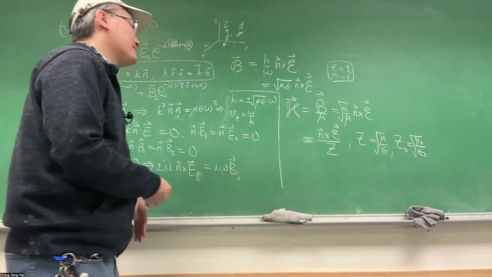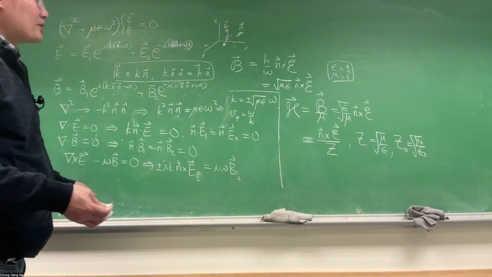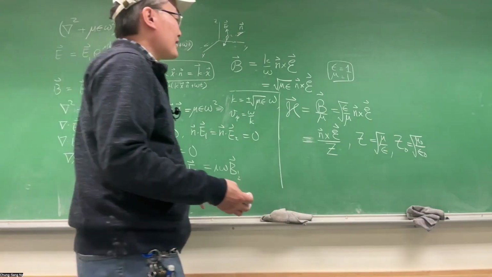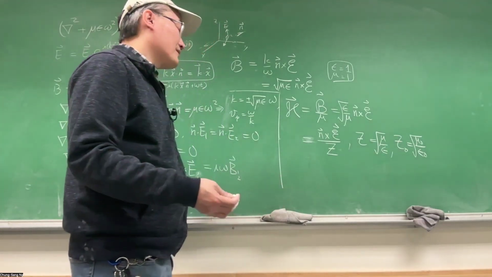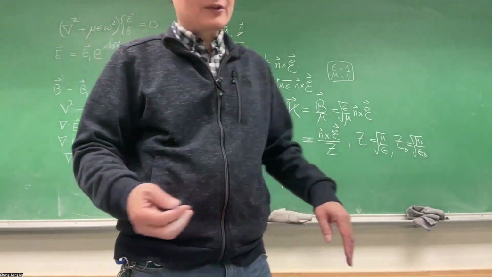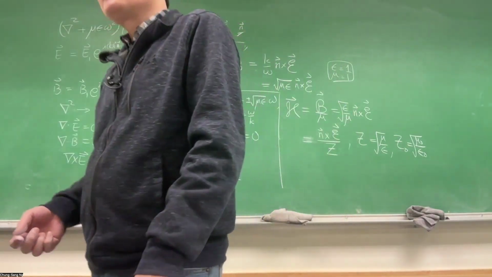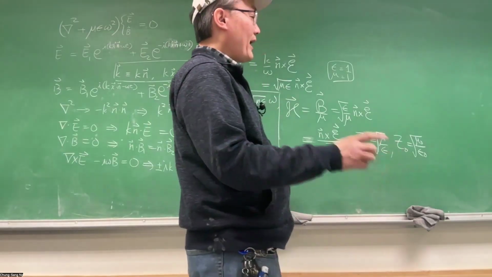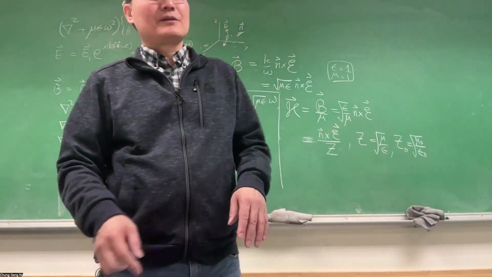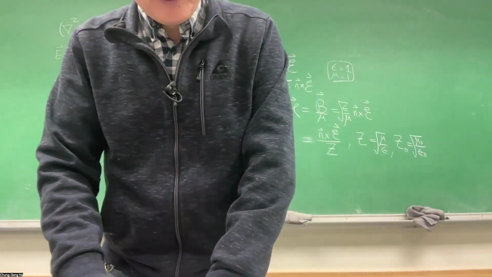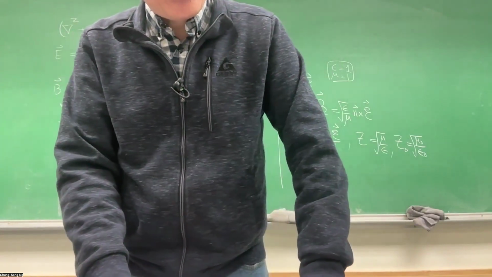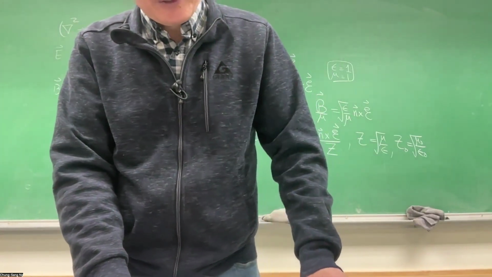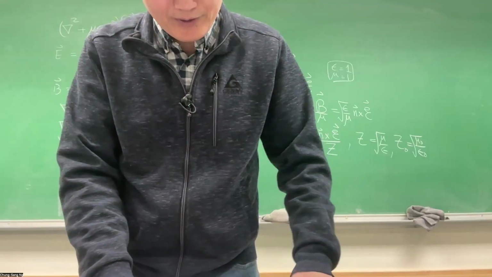So to treat them differently is kind of strange. And later on when we talk about special relativity, they are actually elements of the same tensor. So naturally, they should have the same dimension and similar meaning.